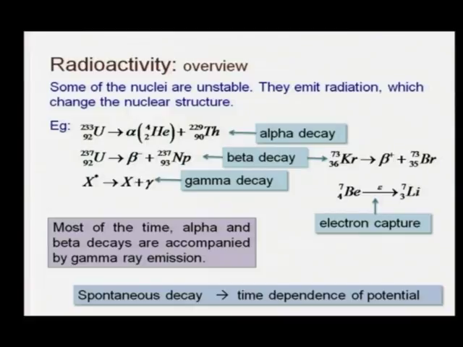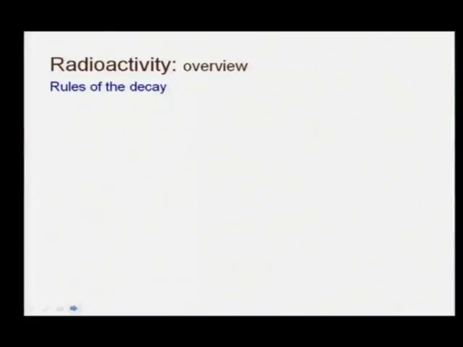We will not go into the quantum mechanics of the spontaneous decay, but rather we will consider some common properties of the radioactivity itself, mostly derived from experimental observations. So, let us look at some of the common properties of radioactivity.